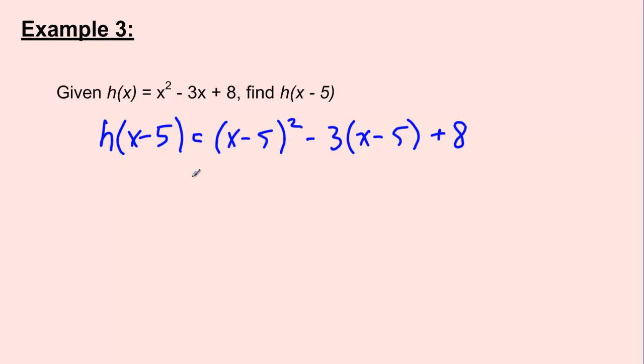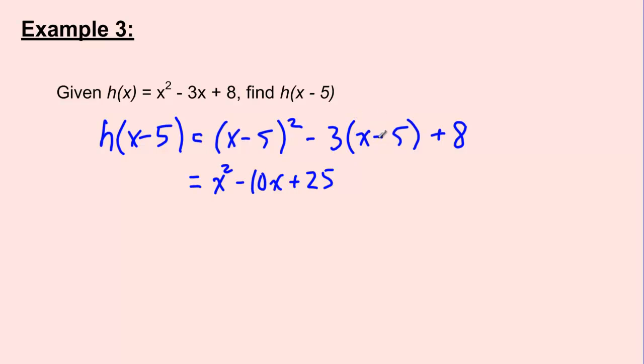And so we'll expand this out and simplify our answer. X minus 5 all squared. This is a perfect square trinomial, so hopefully you remember how these multiply out. You could FOIL this if you need to, but I know the shortcut. It's x squared and then minus 10x. You take the two things in here, multiply them, and then multiply by 2. And then I just have plus 5 squared, which is 25.